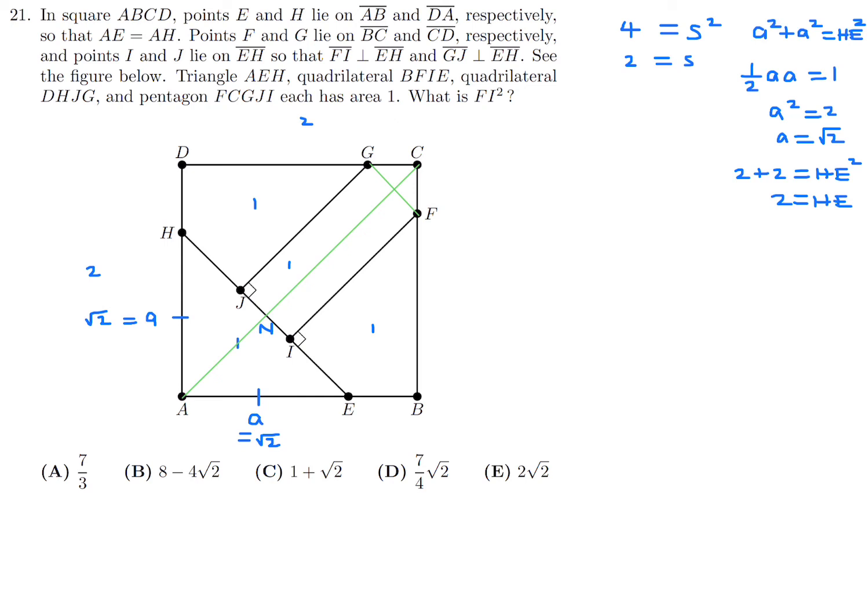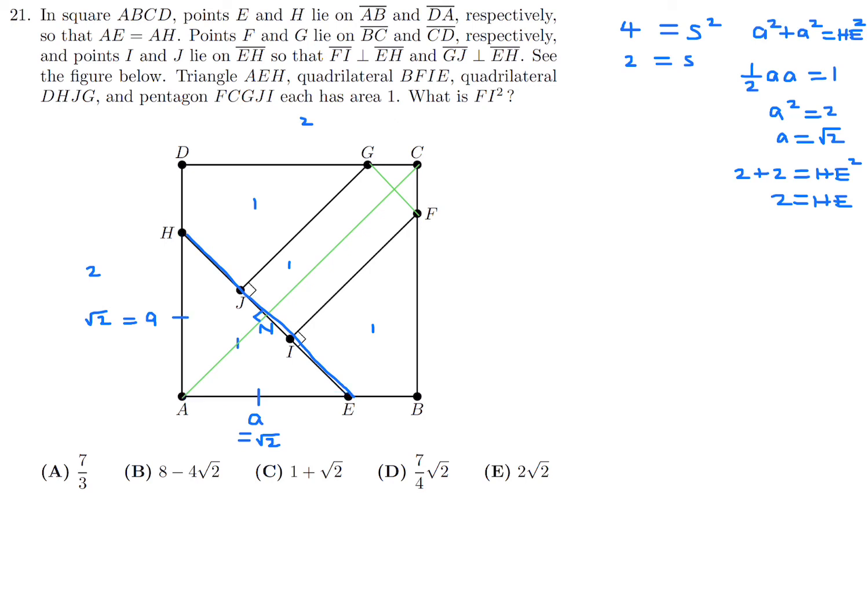Now, I can figure out the distance from A to N using the fact that that is perpendicular. So it can behave as a height for that triangle AEH.